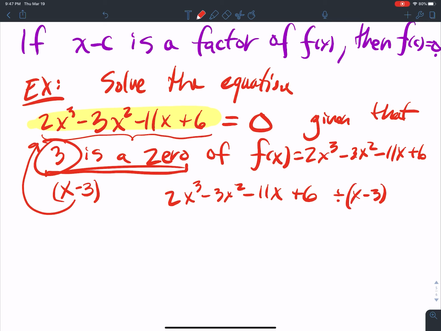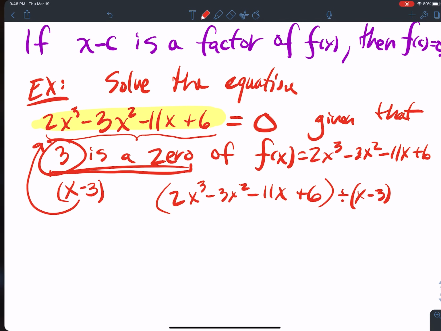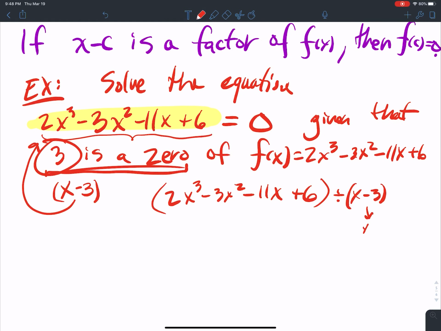Then I know when I divide this, I'm going to get no remainder. So set x minus 3 equals 0, and I get x equals 3. So I box up 3.